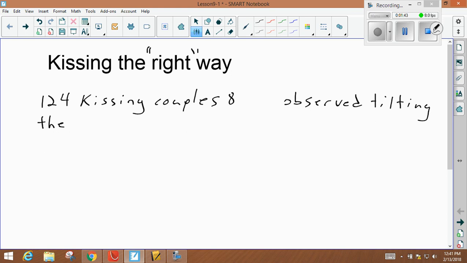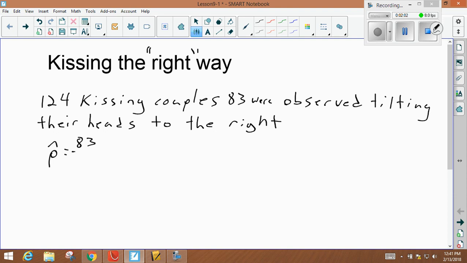We had 83 who were observed tilting their heads to the right when they kissed. So we got a statistic here that p-hat is equal to 83 over 124, which is approximately 0.669. I believe that's a rounded number, I'm not sure.